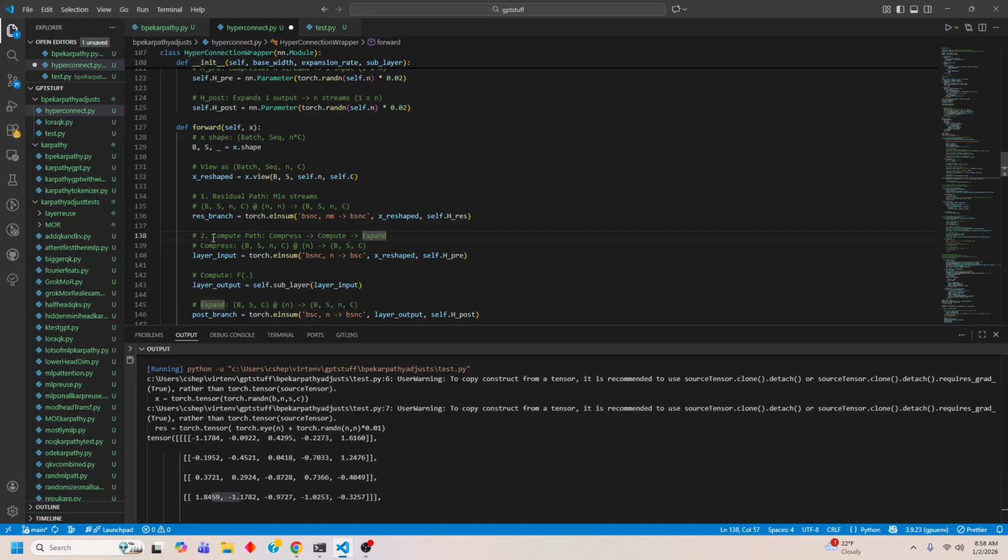We'll use einsum, which is Einstein summation. If you don't know much about that, it's cool. It's used for higher level tensors. You could definitely look into it. If you want to learn general relativity, you need this.